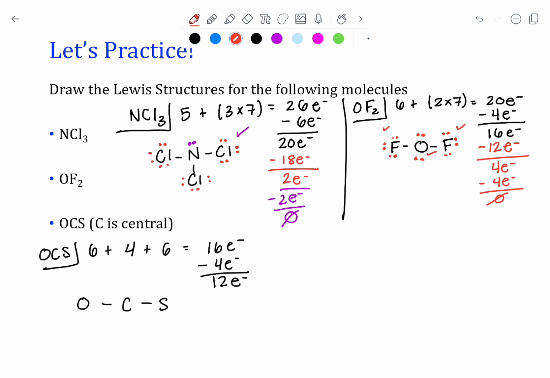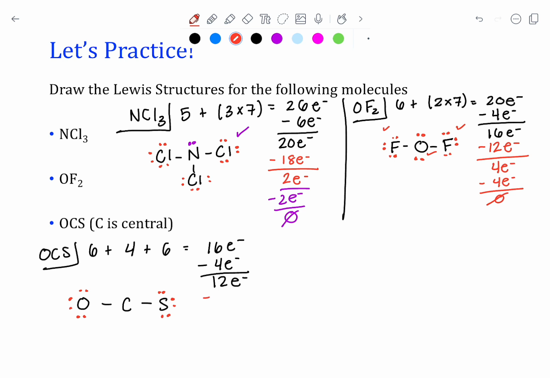Those 12 electrons are going to be placed around my sulfur and my oxygen, since they both have incomplete octets. They only have 2 electrons, so they each need 6. So let's do 1, 2, 3, 4, 5, 6, 7, 8, 9, 10, 11, 12.